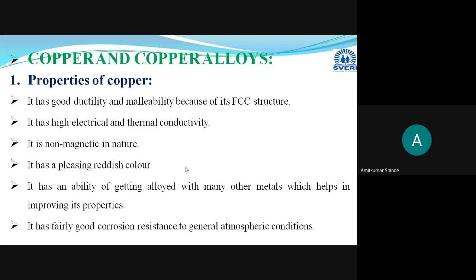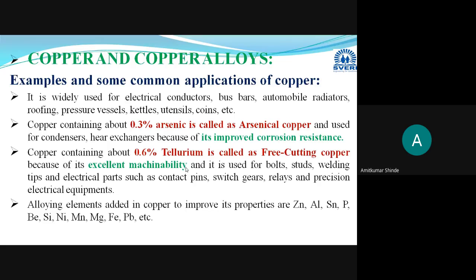Now after discussing the properties of copper, we will move to the next slide. In this I have taken some common applications of copper and its alloys, and some specific copper materials made with the addition of specific alloying elements.